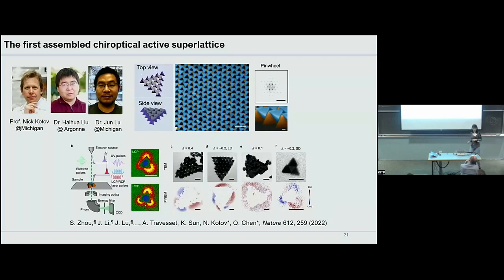Later, in collaboration with Li Kotov, his postdoc Jun Lu, and together with Dr. Hanhua Liu at Argonne National Lab, we were able to pinpoint that this chiral lattice actually has chiral optical property, as confirmed by both simulation and also ultrafast electron microscopy imaging.